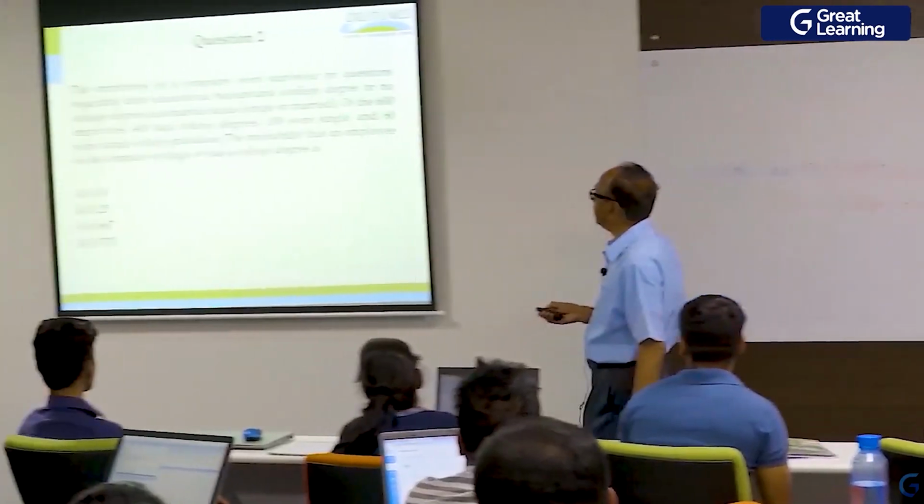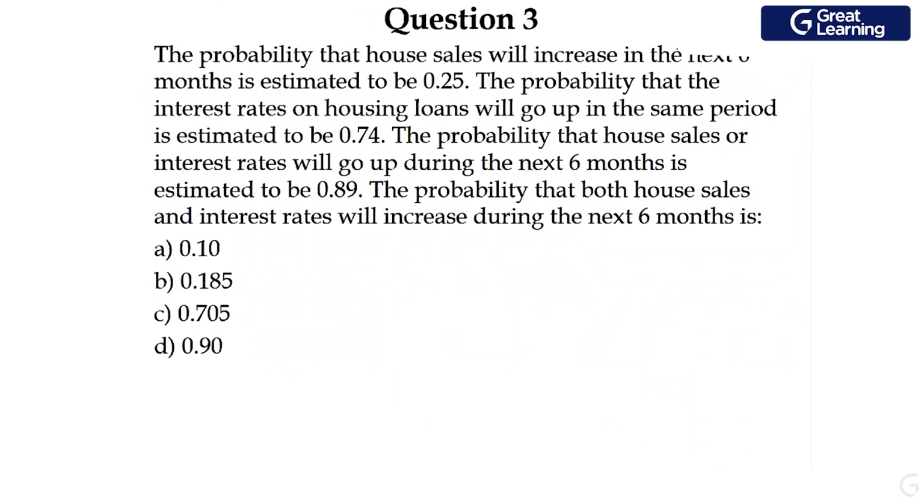Then the third one: the probability that household sales will increase in the next 6 months is estimated to be 0.25. The probability that in the same period the interest rates on housing loans will go up is 0.74.